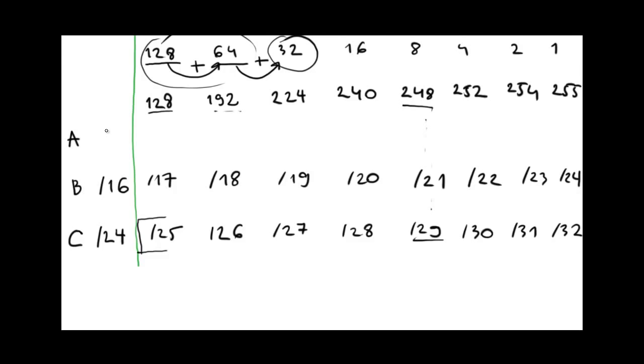For class A, the subnet mask was /8. So the next one, adding one bit, is /9. Adding another one is /10, and so on, /11, 12, 13, 14, 15, and 16.